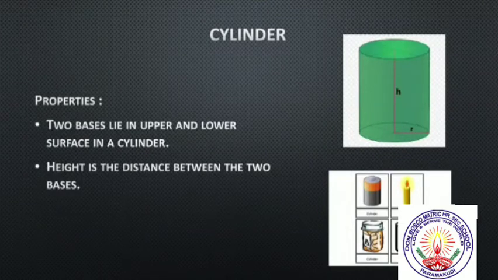See this picture. On the upper side, one rounded portion. On the lower side, one rounded portion. It's connected by 2 lines. This connecting line is called height. So 2 bases lie on the upper and lower surface in the cylinder.